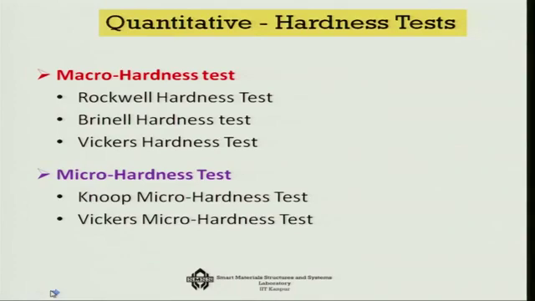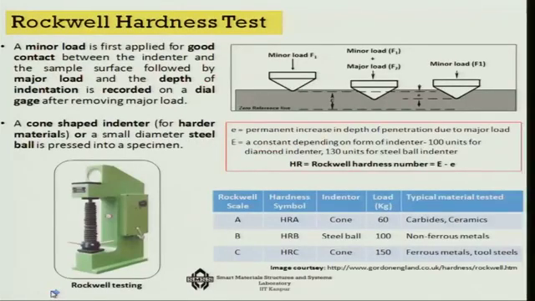Now, in the macro hardness test there are many, but we have chosen the Rockwell hardness test, Brinell hardness test and Vickers hardness test, and in the micro hardness test the Knoop micro hardness test and Vickers micro hardness test. So, in total these are the 5 experiments that one can carry out in order to find out quantitatively the value of hardness.